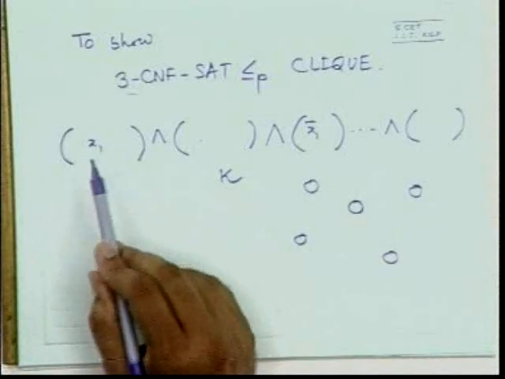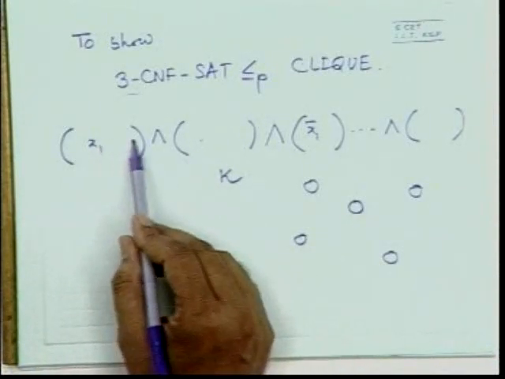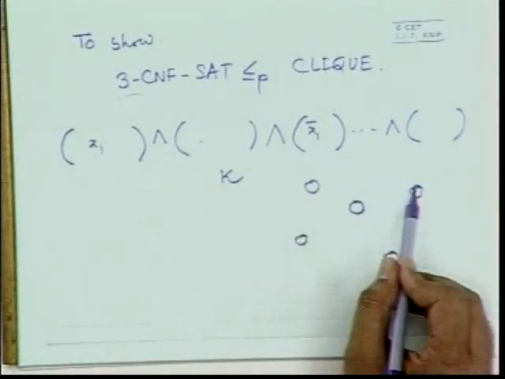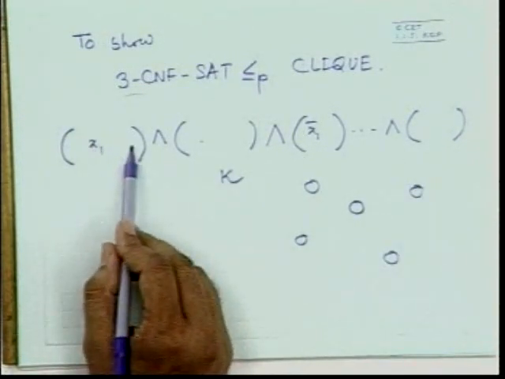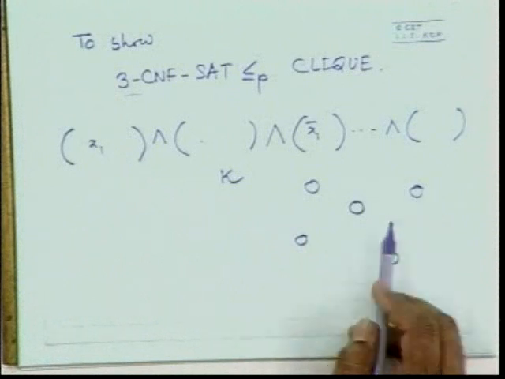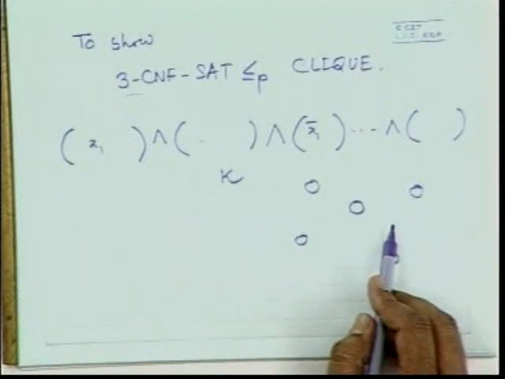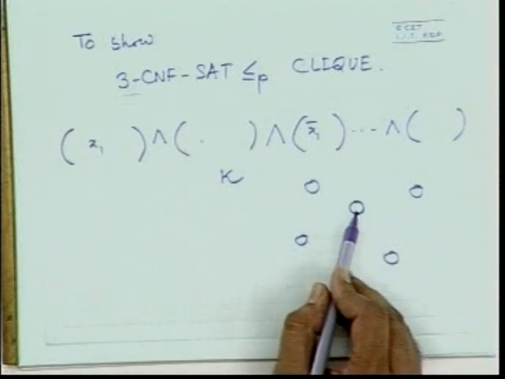So first of all, for each literal, each copy of the literal, I have a node. Each one has 3 literals, so there will be 3k nodes. Each copy has a node.